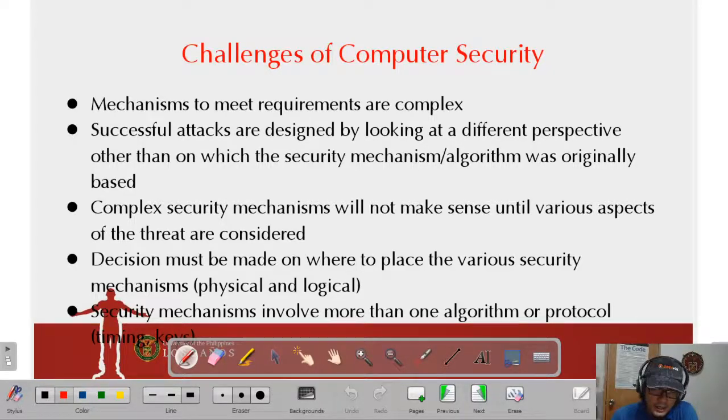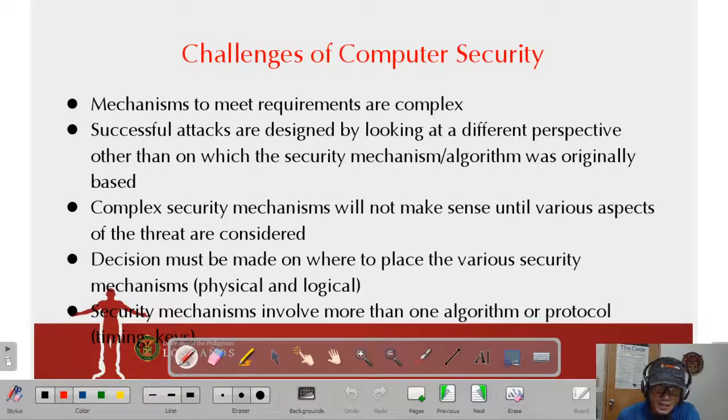It's very easy to say we should consider the CIA triad, but how are we going to implement them in the system?